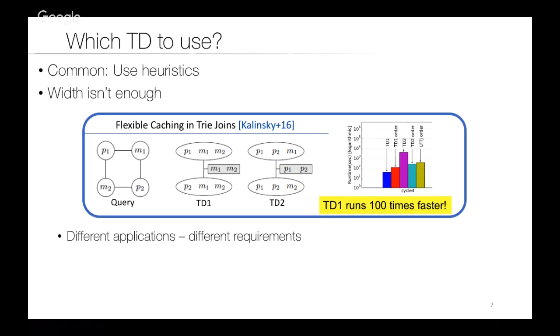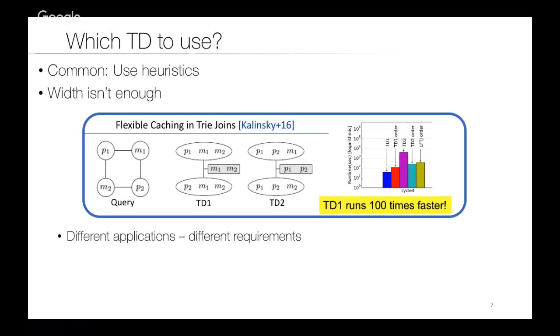And even though those decompositions are isomorphic, not only do they have the same width, they're isomorphic, one of them runs 100 times faster than the other one. This is because different attributes can be better for caching, like country is better for caching than user ID.